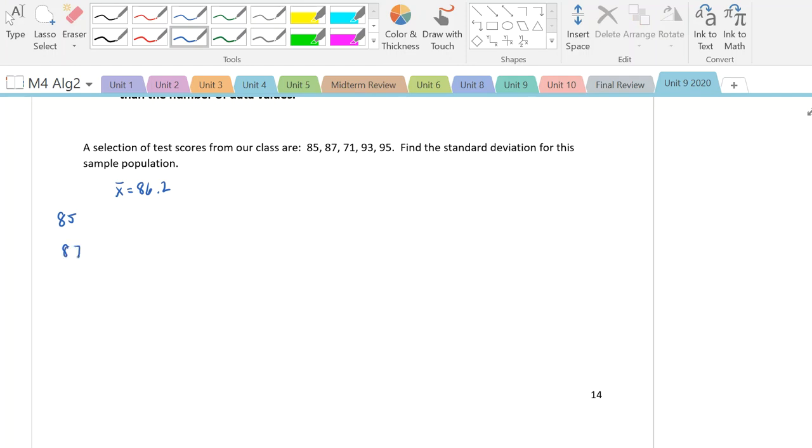Then 85 minus 86.2 is negative 1.2. Negative 15.2. 6.8.